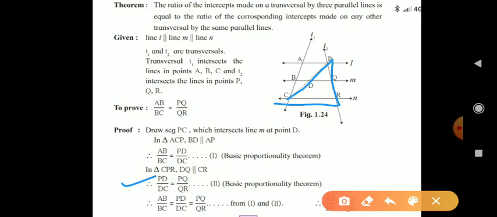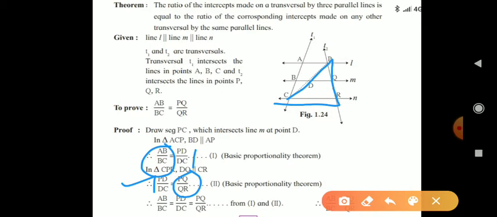From equation 1 and equation 2, we see PD upon DC in equation 1 and also PD upon DC in equation 2, and therefore we can write AB upon BC is equal to PD upon DC is equal to PQ upon QR.